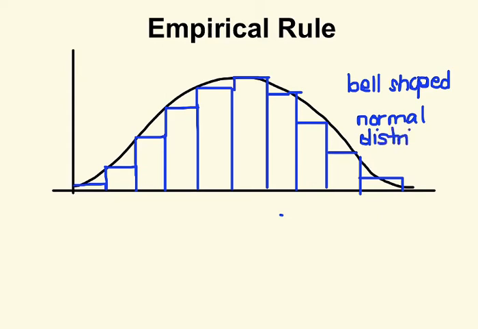And when we have something that's a normal distribution, we can use the empirical rule. And the empirical rule is what we call the 68, 95, 99.7 rule. And what this rule tells us, I'm going to use red here, is let's go back up to this set of data.